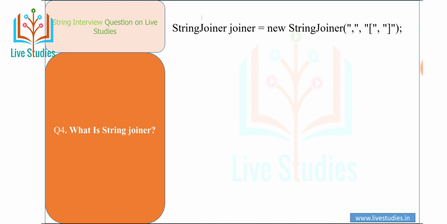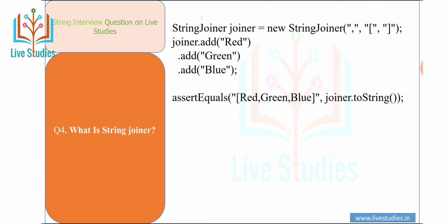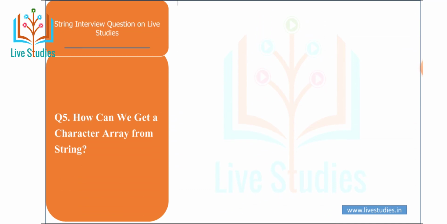You can create a variable joiner equal to new StringJoiner with a comma, then joiner.add red, joiner.add green, joiner.add blue. The result is red, green, blue, with joiner.toString.